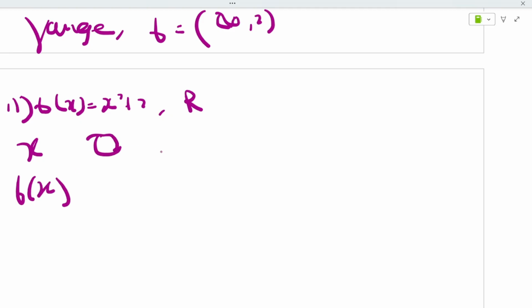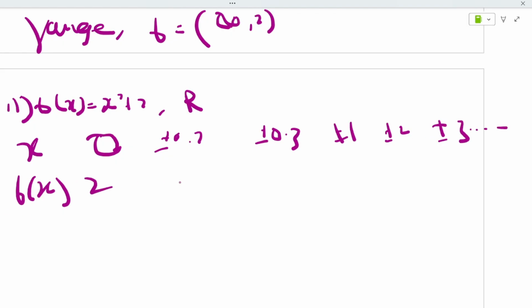They have not mentioned any criteria, so you can take plus or minus 0.2, plus or minus 0.3, and just substitute the value, and you can take minus 3, any value you can take and do it. Okay, here 2, here 2.09, here it is 2.64, here it is 3, 6, 11. Those are the values you will get.